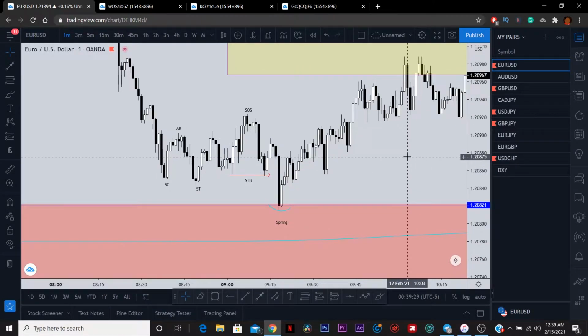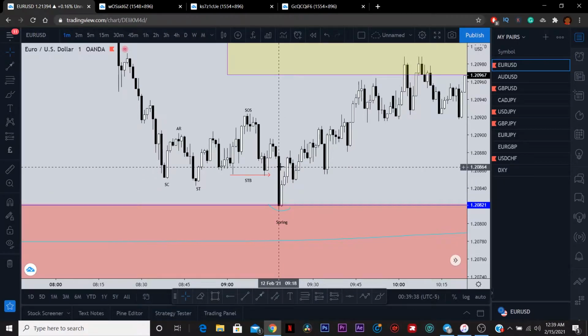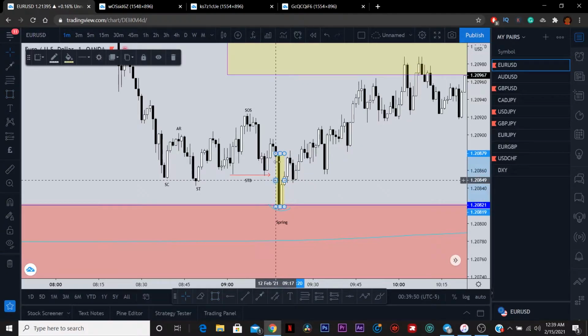So you're like, okay, where could you call an entry here? Well, this whole candle right here, you could have taken, honestly. If you're looking at it from another perspective, this wouldn't have been an optimal entry, so I wouldn't have taken that.